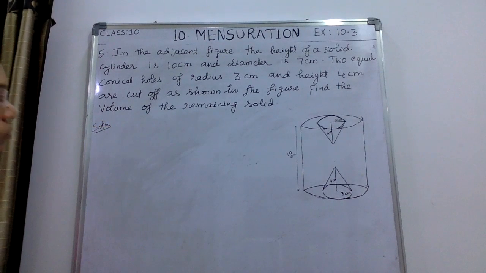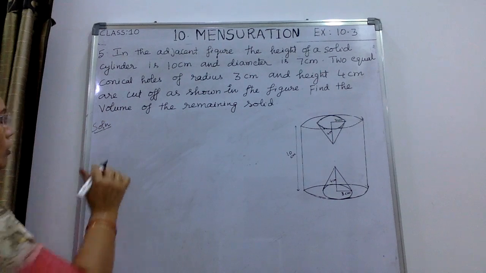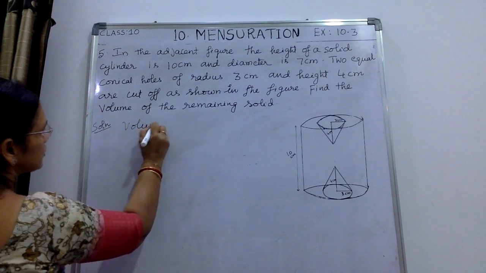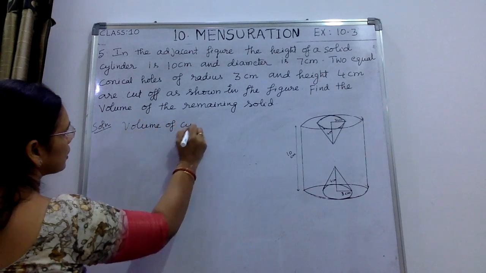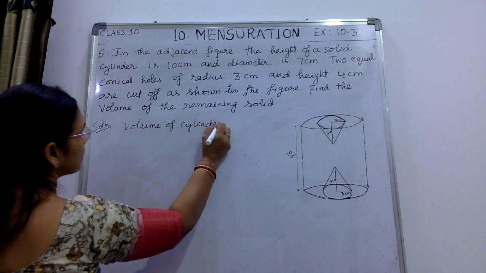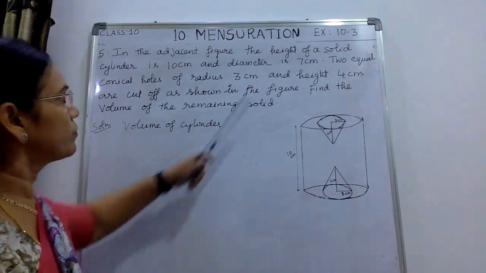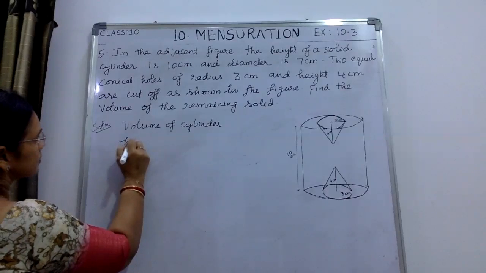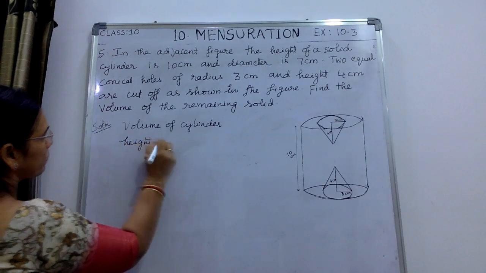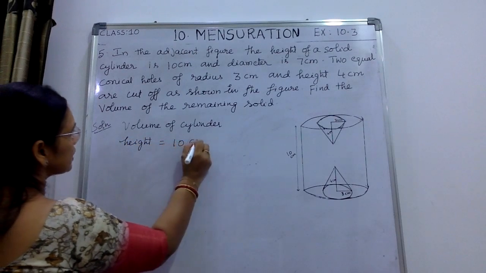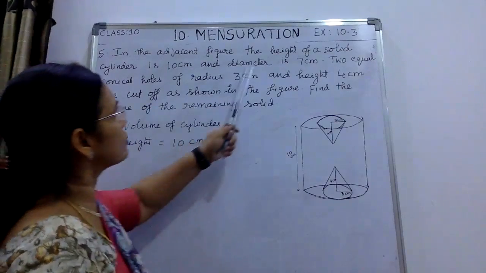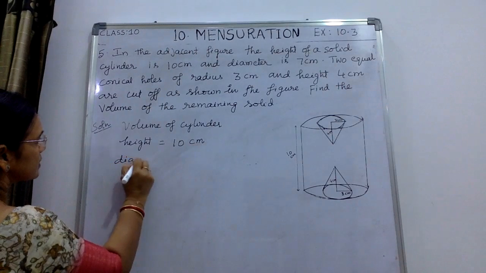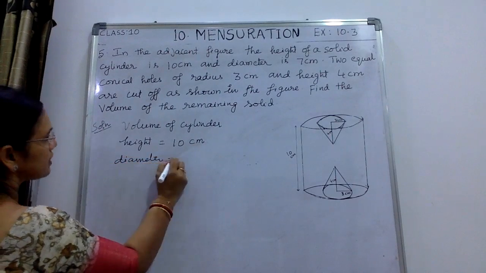First of all, let us find the volume of the complete cylinder. What are the measurements given here? Height of the cylinder is 10 centimeters, and the diameter is also given as 7 centimeters.